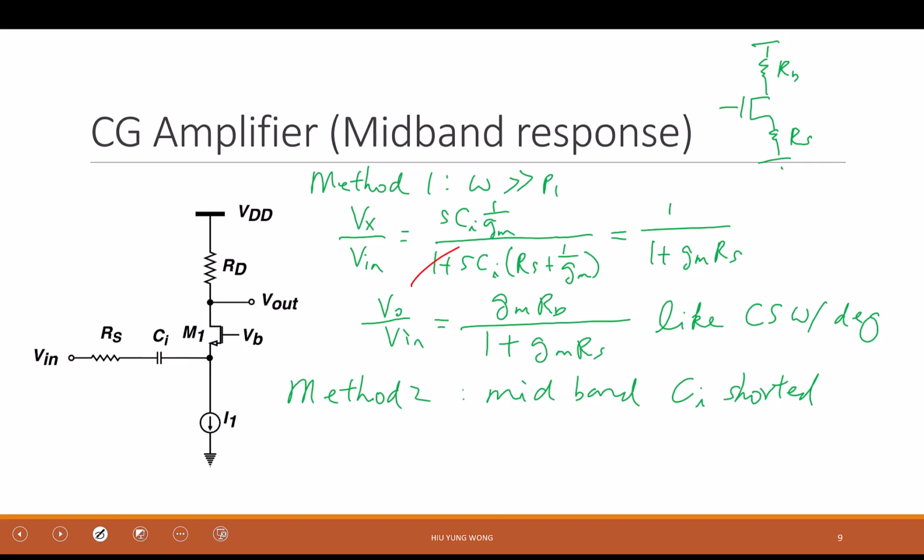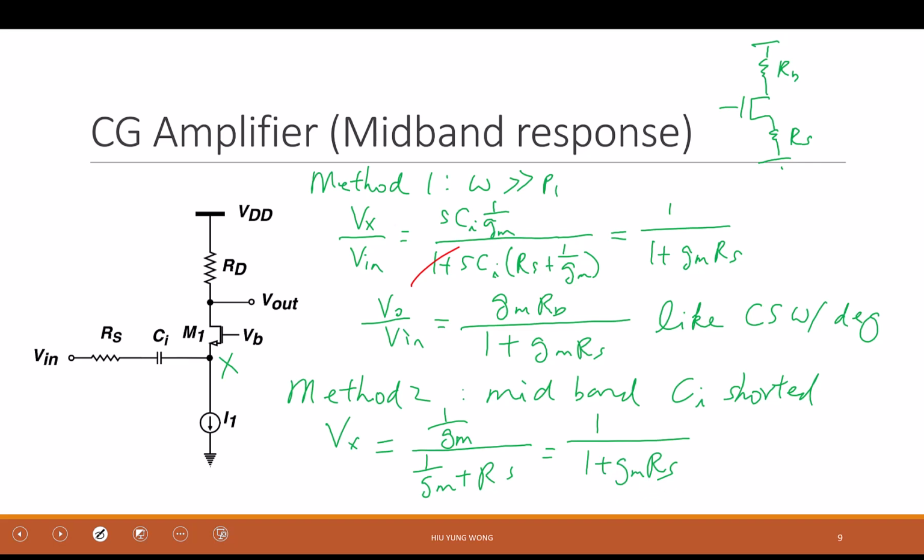Then you need to go through the potential divider, right? You go through the potential divider, Vx. What I'm doing is basically just repeating this. Vx equals 1 over gm divided by 1 over gm plus RS, which is just equal to 1 over 1 plus gm RS, right?